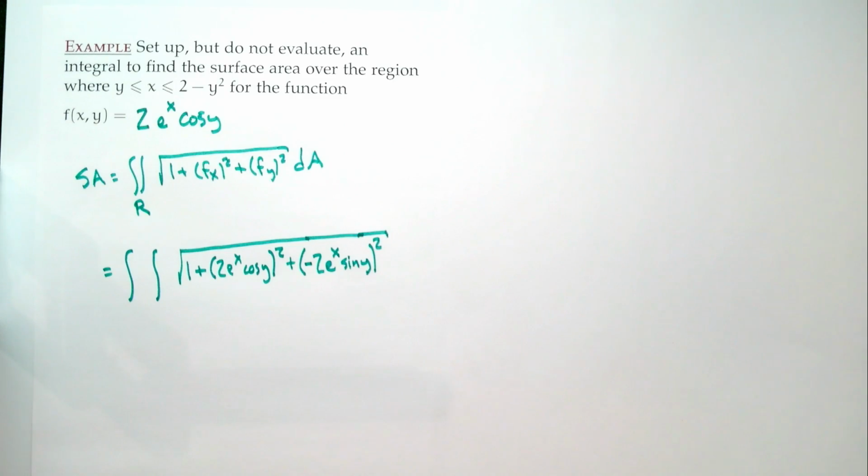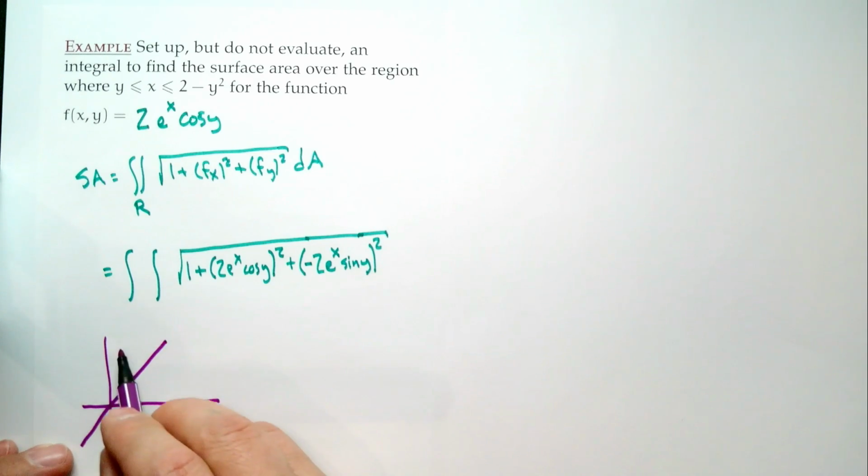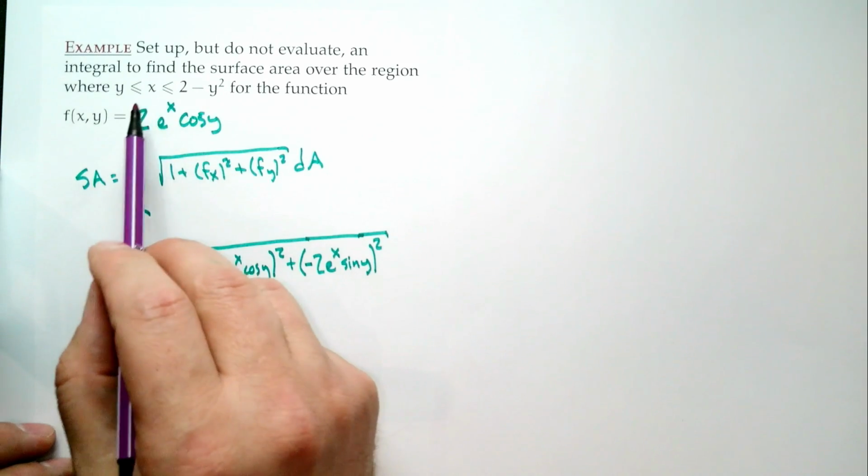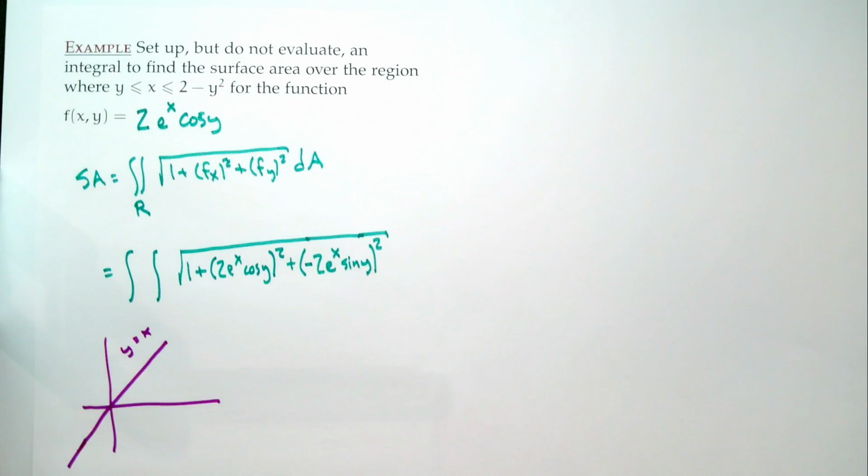So this is a good chance for us to practice setting up bounds. So let's see, what do we have? We have these curves. We have the curve y equals x. So here's that curve, y equals x. And then I have another curve, x equals 2 minus y squared. What does x equals 2 minus y squared look like?